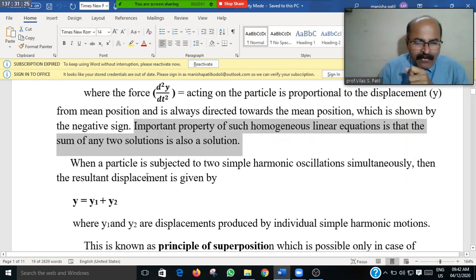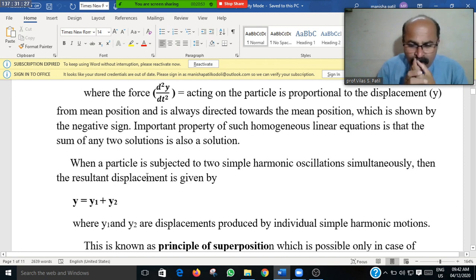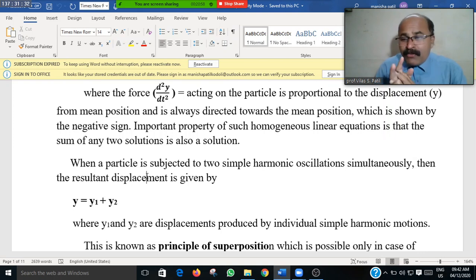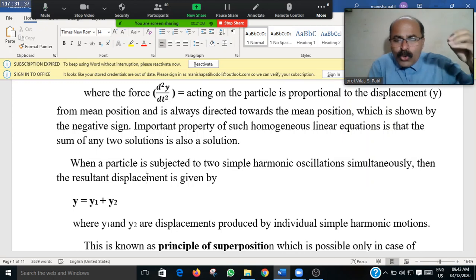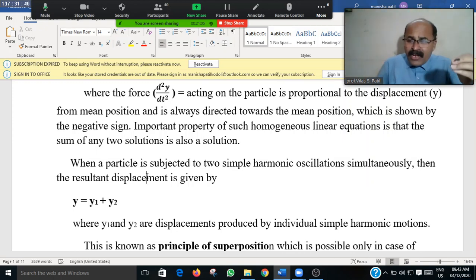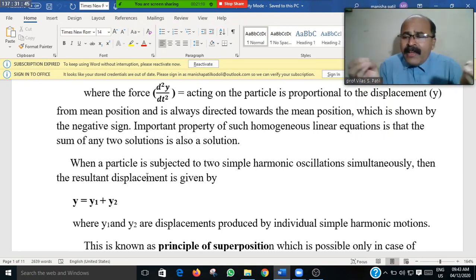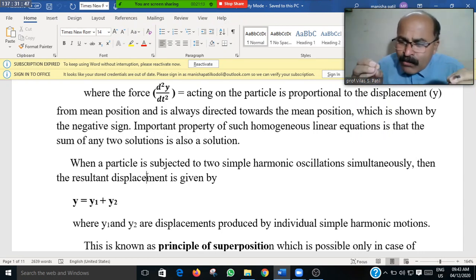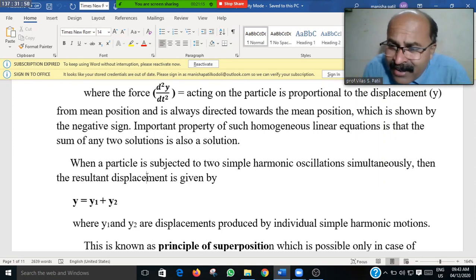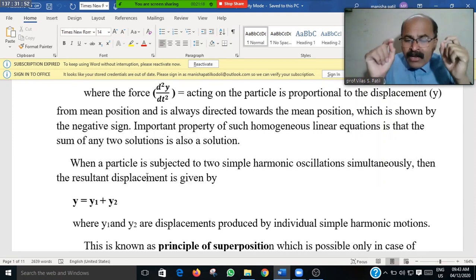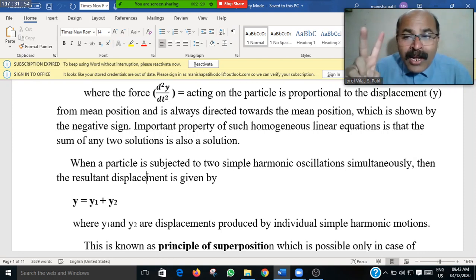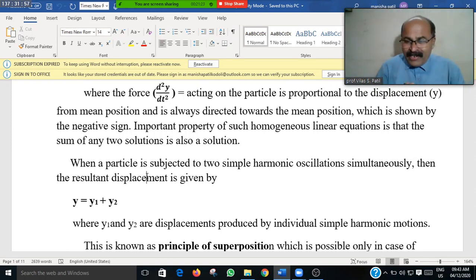And when a particle is subjected to two simple harmonic motions simultaneously, then the resultant displacement will be given by the following. Consider that the particle is in oscillatory motion, oscillated by two simple harmonic motions.